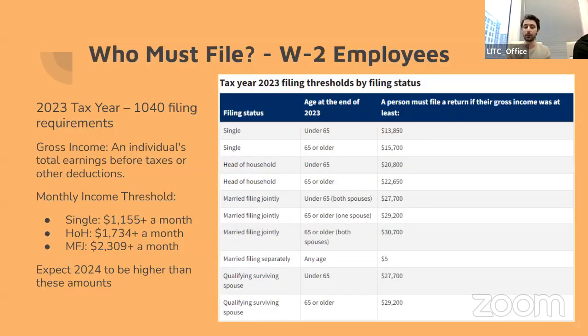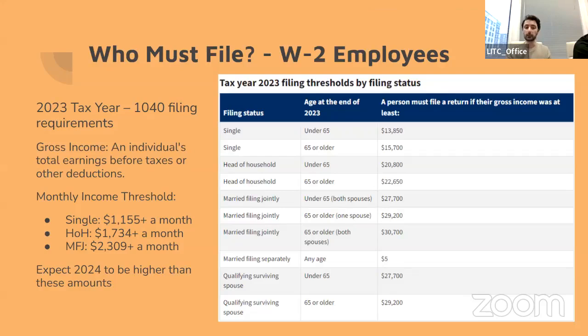So who must file? Just as a point of reference, a W-2 employee can make up to almost $14,000 a year without having to file. And I've broken it down into months, and this is of course gross income, so this is before taxes or other deductions. And what we're looking at here on the graph is 2023.